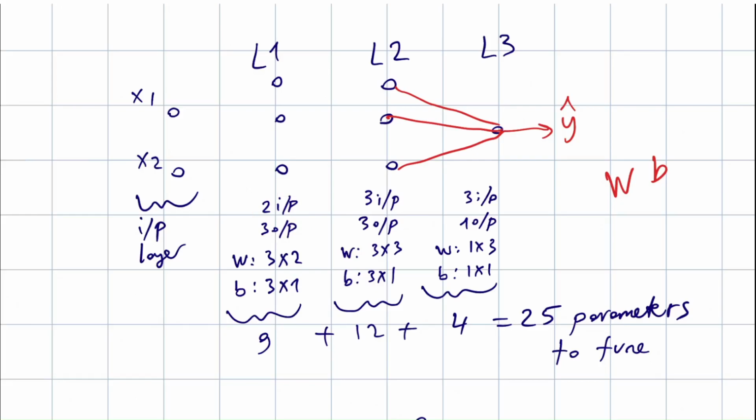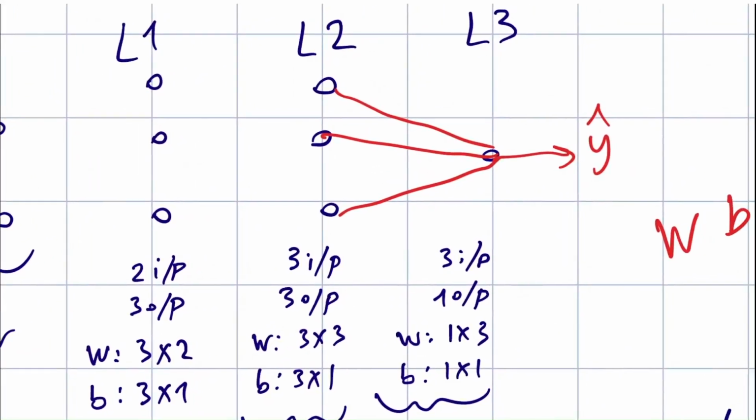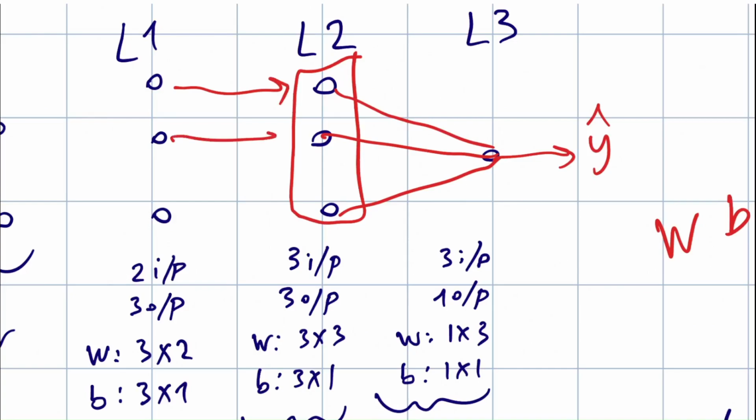Let's check the second layer, layer number 2. If you look at this, there are three inputs and three outputs for that specific layer.